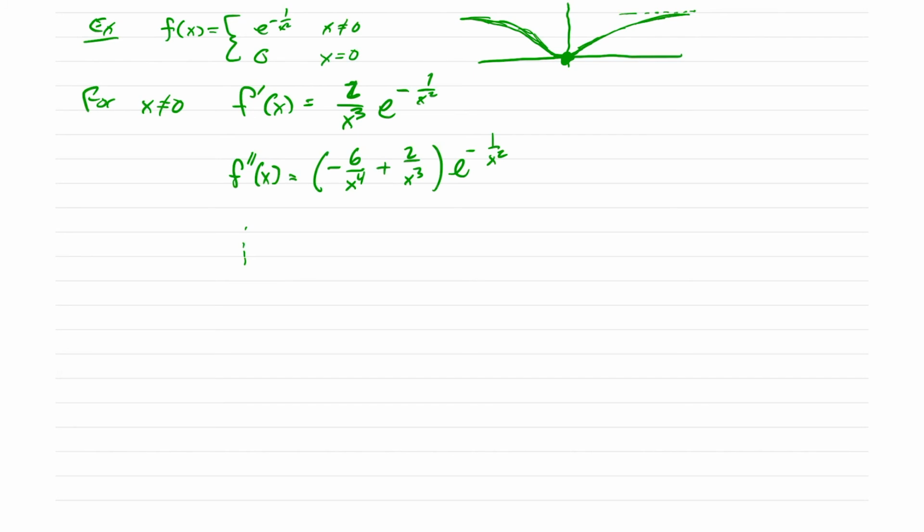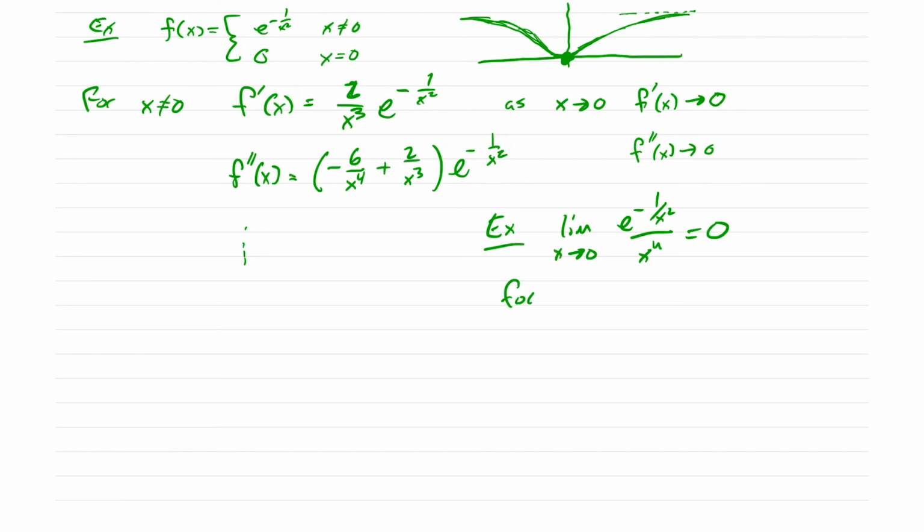Basically, what we're going to see is that as x goes to 0, f prime of x tends to 0 as well, and ditto for f double prime, etc. This can be left as an exercise if you'd like, where you show that the limit as x goes to 0 of e to the minus 1 over x squared over x to the n is equal to 0 for all n.